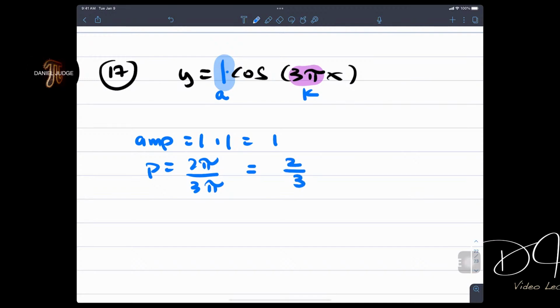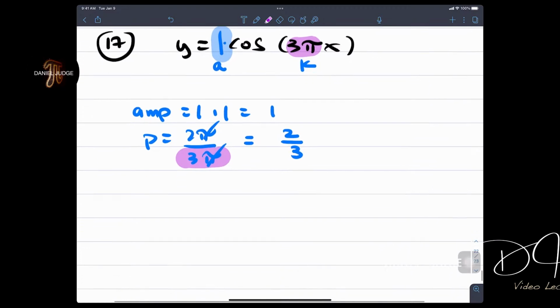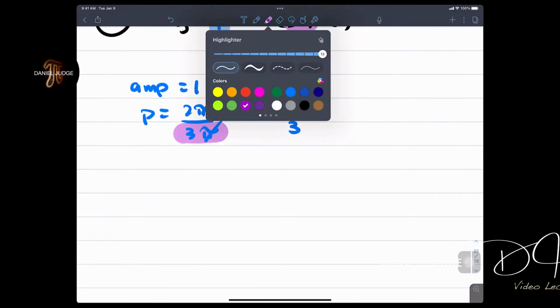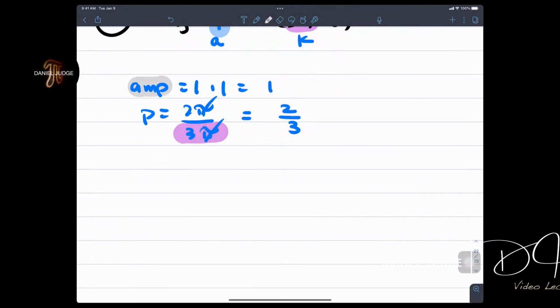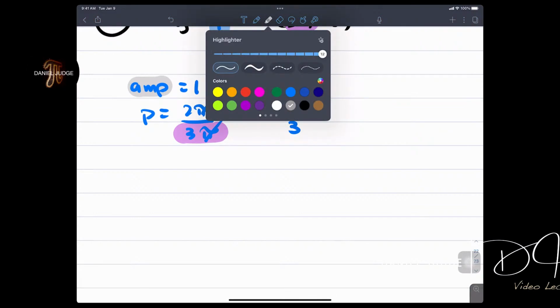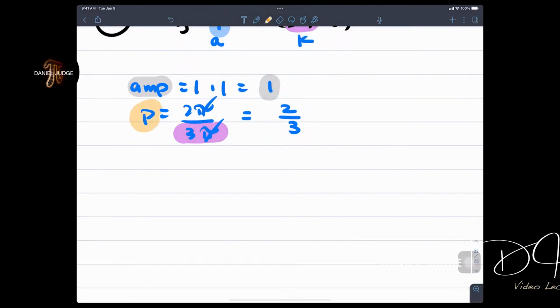That means my period is 2/3 because the pi value cancels. So let's see. Amplitude, period. Interval of 1 cycle, 0 to 2/3.